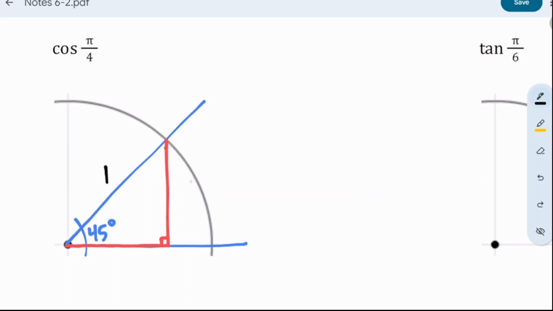For a 45, 45, 90 triangle, the two legs are both root 2 over 2. So if I'm trying to find cosine of pi over 4, I'm going to do adjacent over hypotenuse. It's root 2 over 2 divided by 1, and that's root 2 over 2.